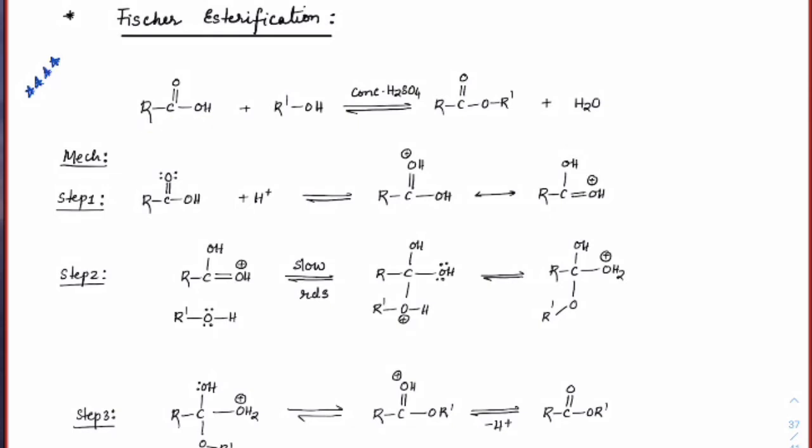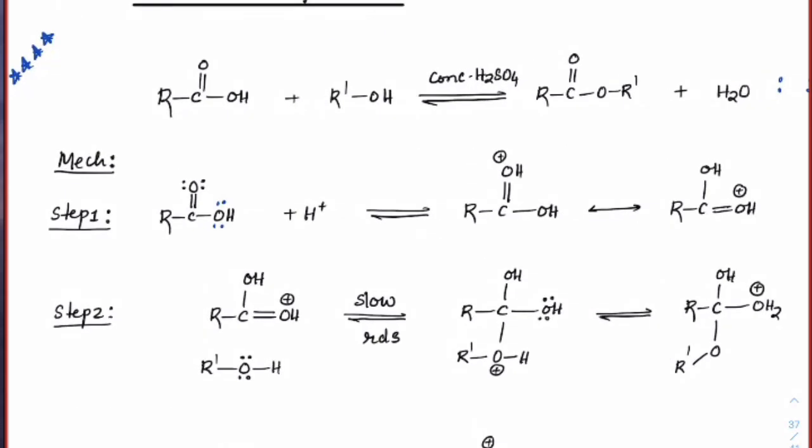See, like I said, acid is reacting with alcohol in concentrated H2SO4 to give esters and water. Now this reaction does go through SN-TD mechanism. What is happening, you see, first doubt that would come is there is a lone pair present on both these oxygens.